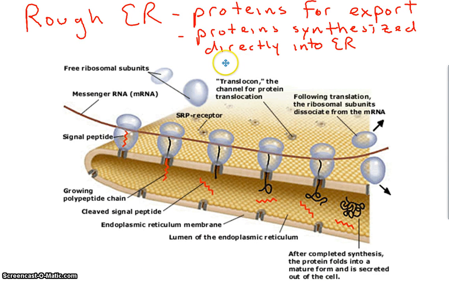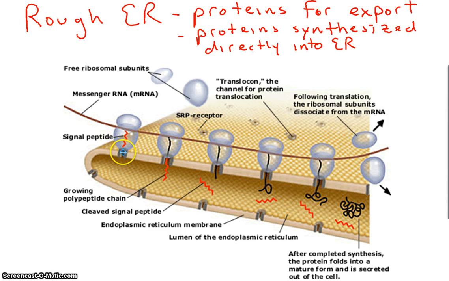So the first, rough ER, and these are going to be proteins for export. So here's where proteins are synthesized directly into the ER so they can be packaged, processed, and shipped out. So if we look at this lipid layer here, here is the endoplasmic reticulum, and there are translocon channels, protein channels on the surface of that where the ribosomes will attach. And in just a second we'll see how the ribosomes are made up of two subunits.